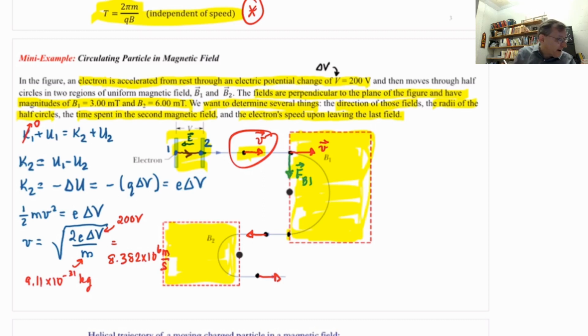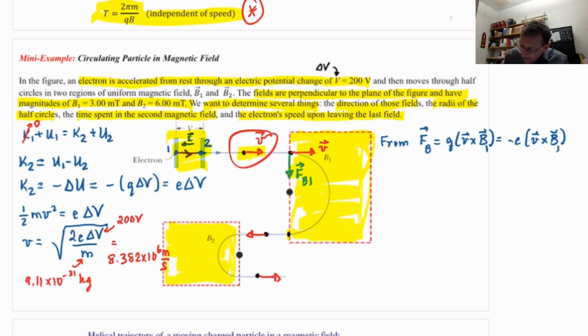So let's just figure out then, from the magnetic force law, FB equals Q times v cross B, or negative little e times v cross B. Which way the magnetic field, it's got to be B1 here, doesn't it? FB1.